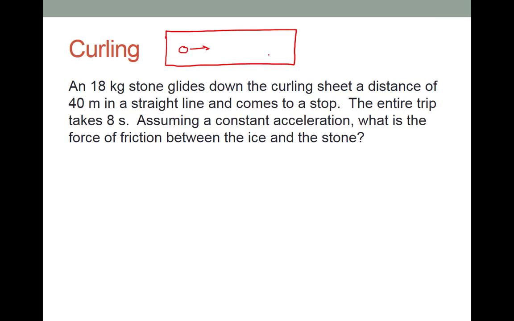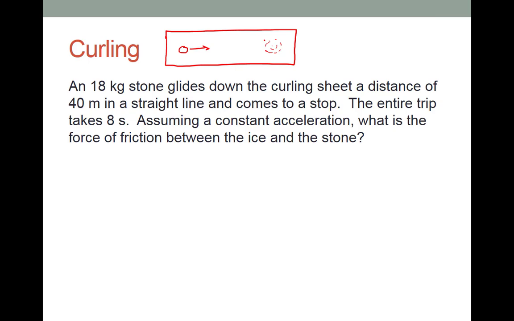The idea is that there is a set of rings at the far end, and you want to get as many stones as possible as close to the center as possible, compared to your opponent's team. You can hit their stones and knock them out of the way and do all sorts of fun stuff. We're going to ignore 90% of that for this example.